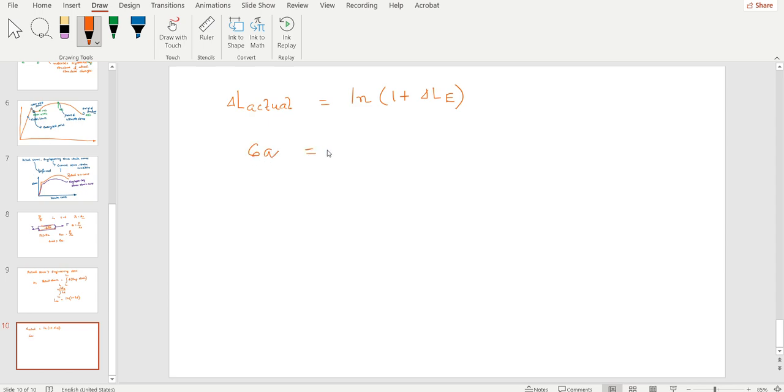Another formula is sigma actual equal to sigma engineering times 1 plus or minus delta L by L0. This is for stress.